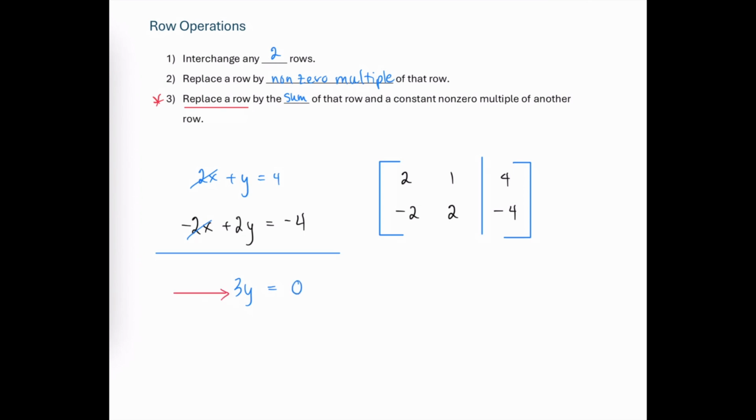So this new equation is the sum of these two equations, which means that it contains the criteria from the first two equations, and we could use that to replace either one of these rows because both of those criteria are contained in this new sum row. So we could replace either one of these rows with this equation, which would be 0 as the coefficient on x, 3 as the coefficient on y, and 0 as the constant value to the right of the equal sign.